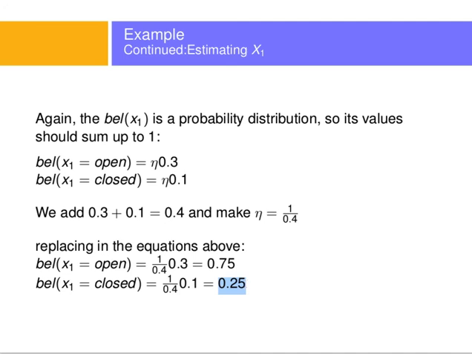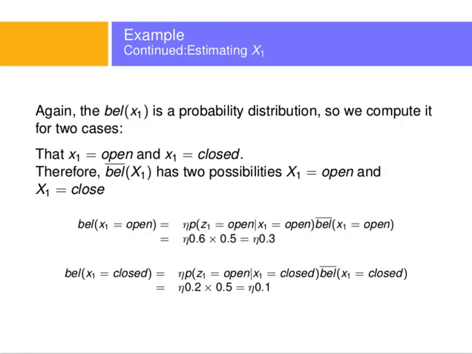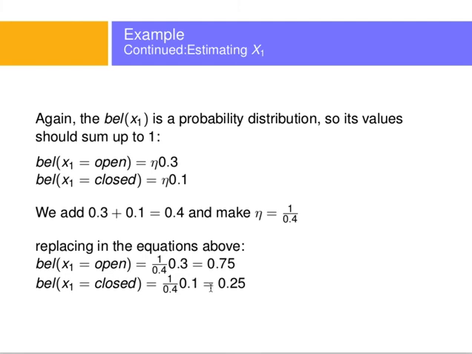So now, look at what we did. We get a sensor now, right? That said open. And now my beliefs change, and I believe a little bit more that it's open. But I haven't stopped fully believing that it could be closed.